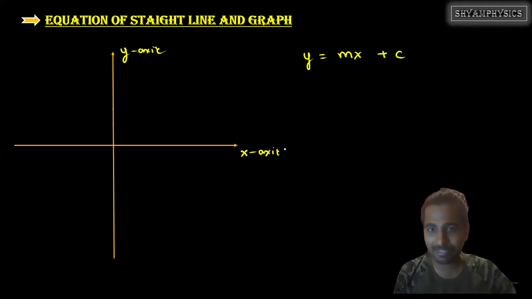Here, each and everything actually has a certain meaning. x is a variable, which is changing. If x is changing, y also changes. For that reason we can say x is the independent variable.